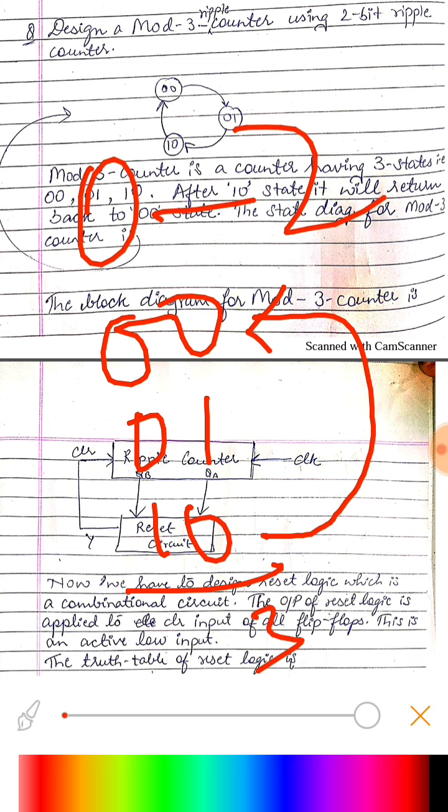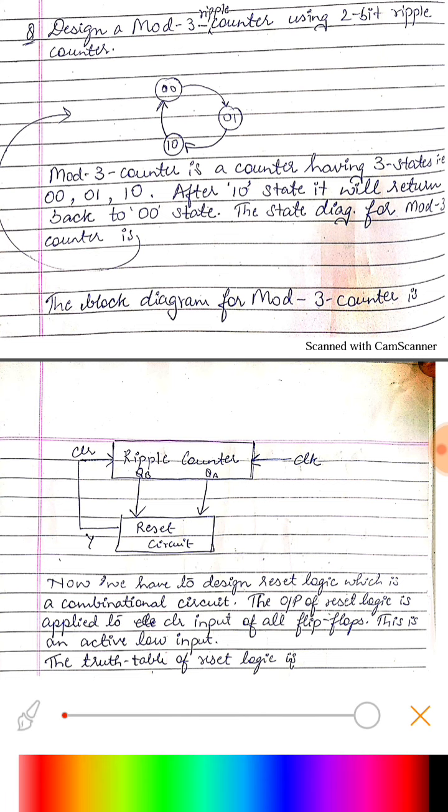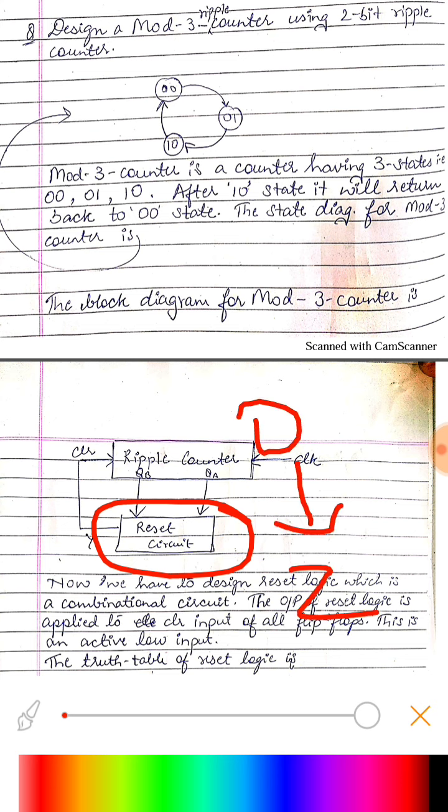So for that, how can we implement the counter? Again we need a combinational circuit, some reset circuit which can reset our counter after the required count. In this case, if it reaches 2, then I need to reset the circuit and go back to 0 again. So for that I again need a combinational circuit.